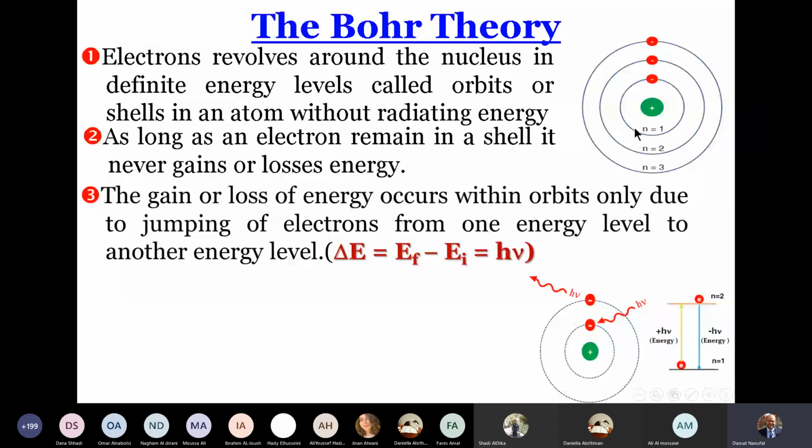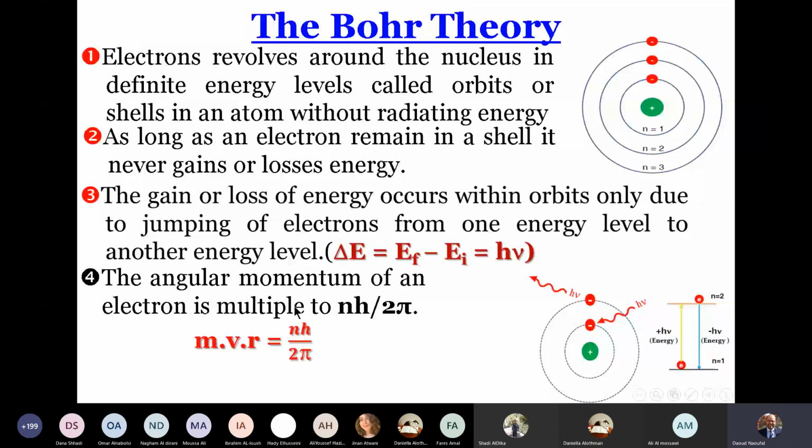On an orbit, the angular momentum of the electron is directly proportional to nh over 2 pi. For example, suppose you have an electron on level 2. The mass of the electron is known, is constant, equal to 9.11 times 10 to the minus 31 kilogram. V is the speed of the electron on level 2.